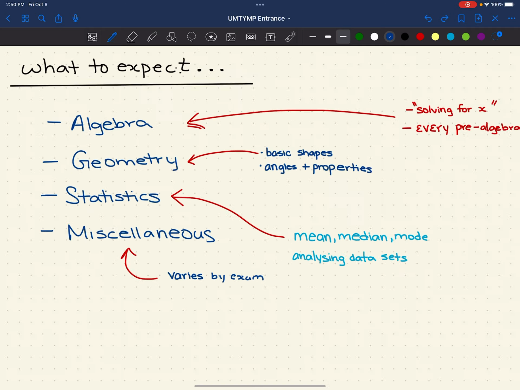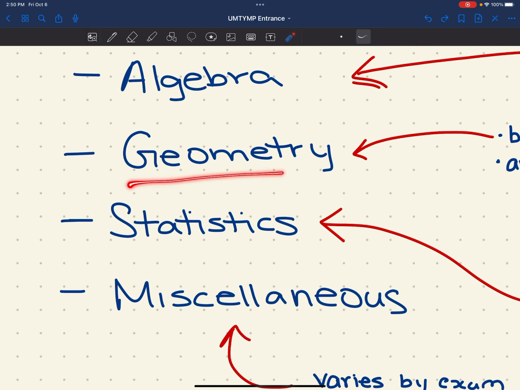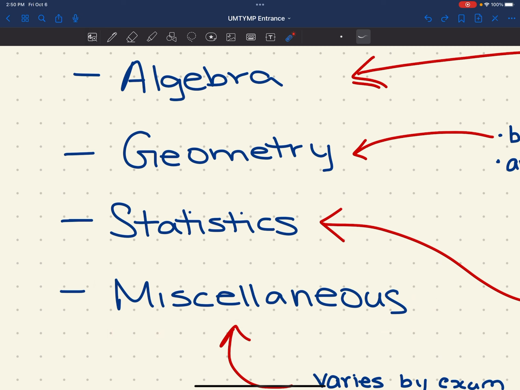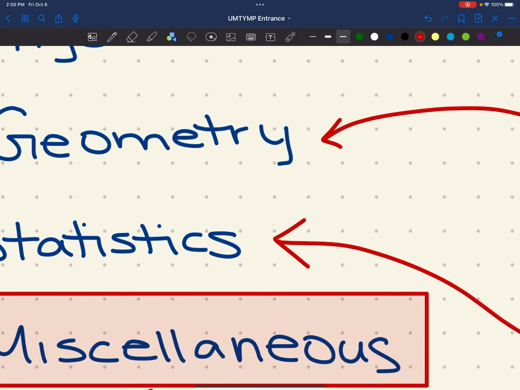So what to expect on the test. There are all these different topics: algebra, geometry, statistics, and a miscellaneous topic, which I will talk about in a bit, but that is something you probably don't need to worry about now.